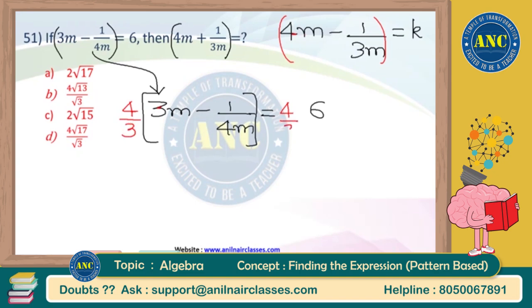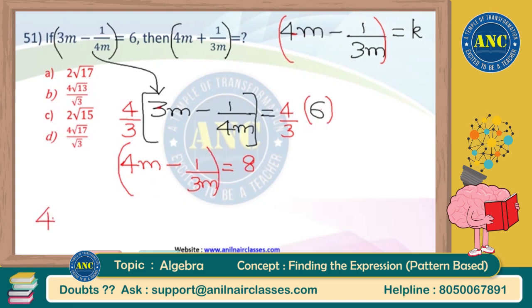If you divide the left hand side by 3, divide the right hand side also by 3. That means the left hand side becomes 4 by 3 into 3m, which is 4m, minus 4 by 3 into 1 by 4m, which is 1 by 3m. The right hand side is 4 into 6 by 3, which is 4 into 2, that is 8. I know the value of 4m minus 1 by 3m as 8.